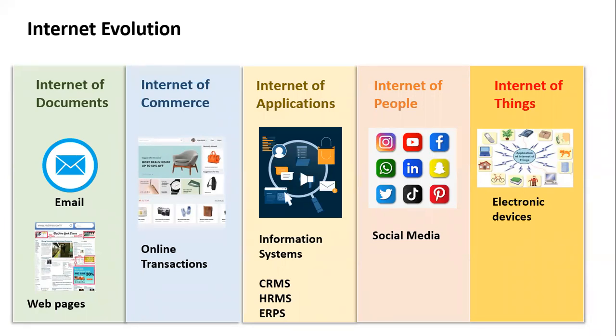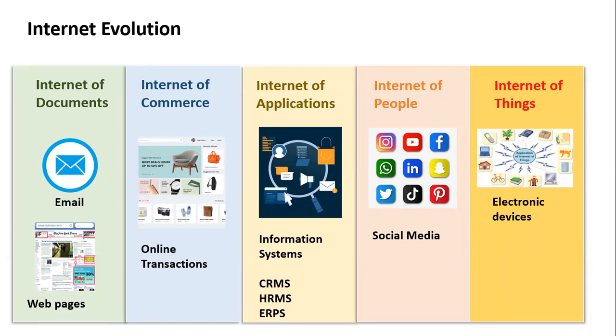After that, different applications were developed on top of electronic transactions. Some other applications were developed, like customer relationship management systems, online human resource management systems, online enterprise resource planning systems.